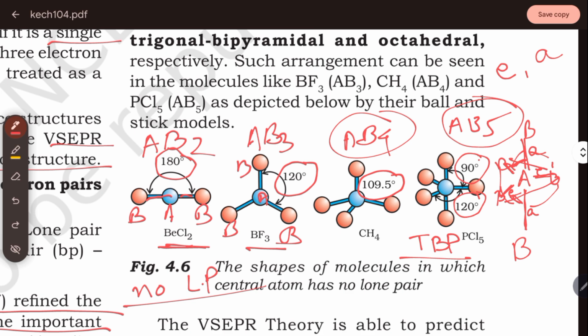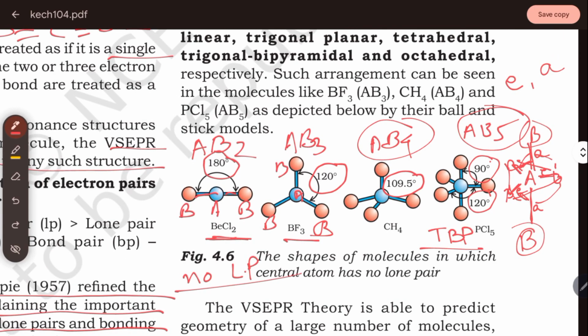So the number of repulsive interactions experienced by the axial bonds is greater than that experienced by the equatorial bonds. Since the repulsive interaction is less for the equatorial bonds, their stability is more. So in a TBP structure, the equatorial bonds are more stable than the axial bonds. And on account of greater repulsion experienced by the axial bonds, they are longer than the equatorial bonds.